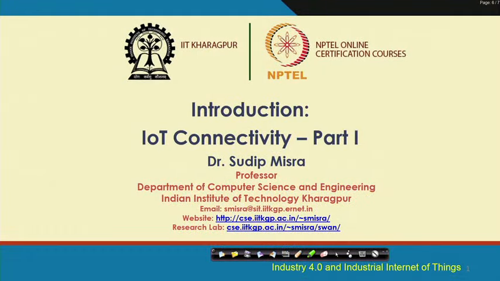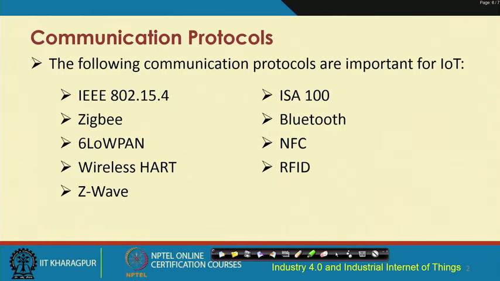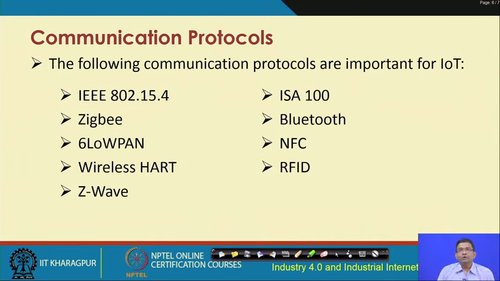We need to understand what this connectivity issue is and what the different available connectivity technologies are, and we will talk about it in the context of IoT in general, and this also applies to IIoT, but for IIoT we will talk about these things in much more detail in the lectures to come. So, let us look at some of the basic issues of connectivity in this lecture as well as the next one.